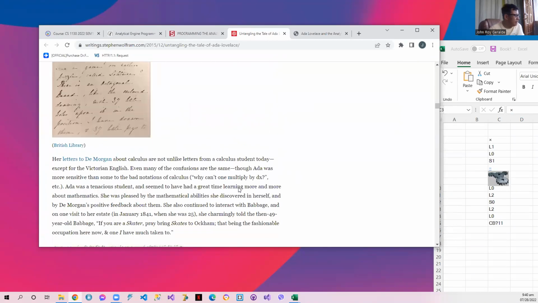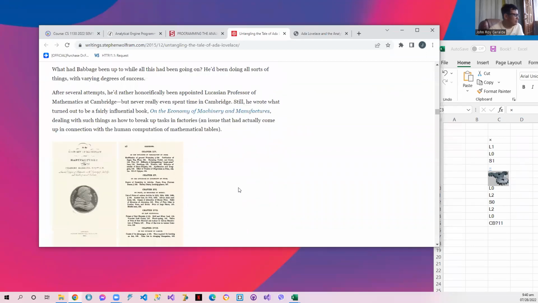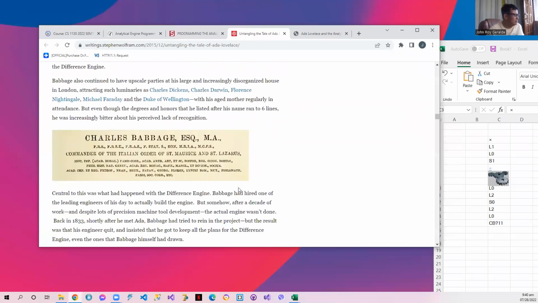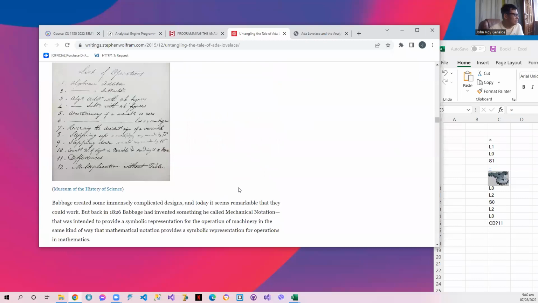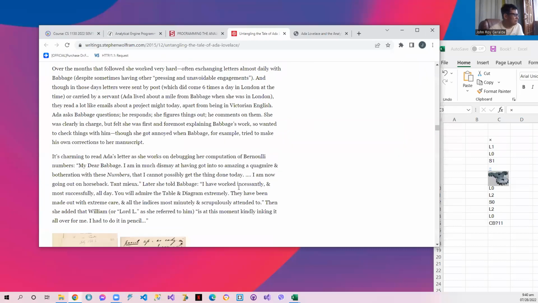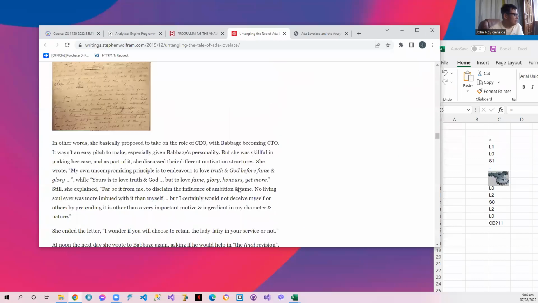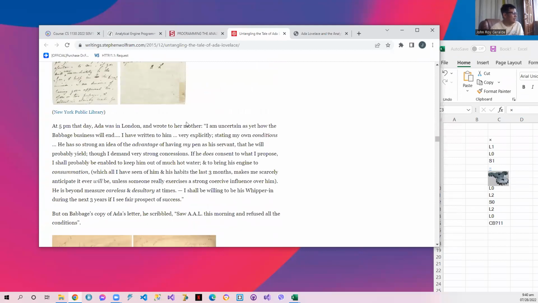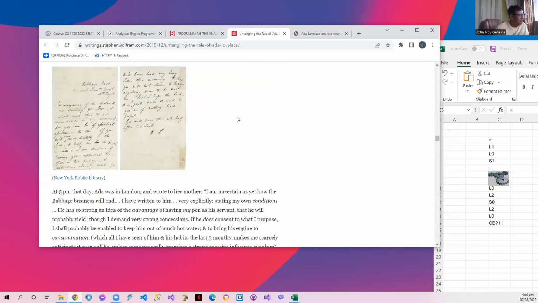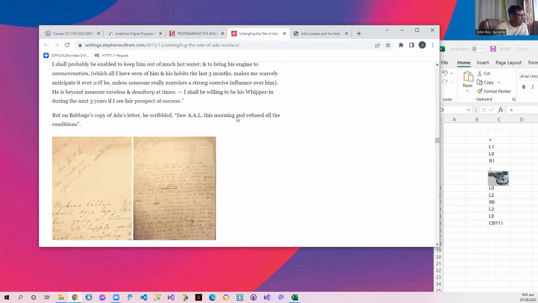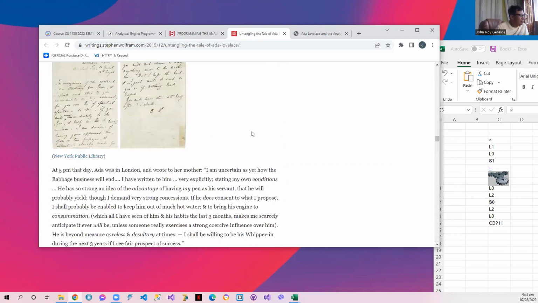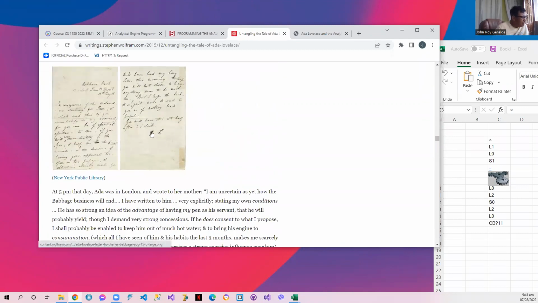So where's the letter? Let me look at the letter now. This is the letter. Is this the Ada Lovelace letter?